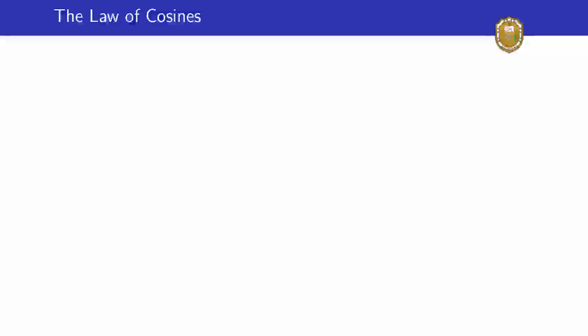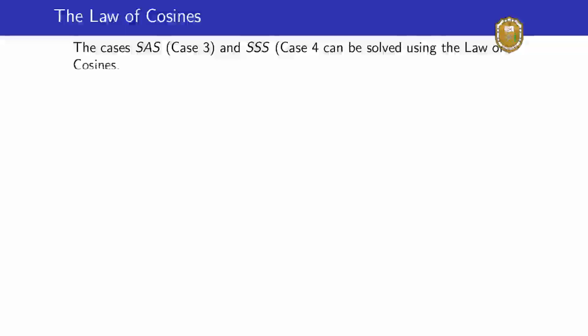Next, let's look at the law of cosines. The case when you are given two sides and one angle, or all three sides, can be solved using the law of cosines. So let's consider this triangle given down over here.